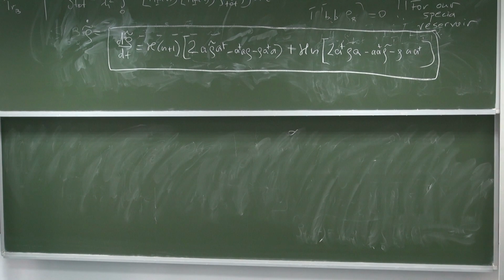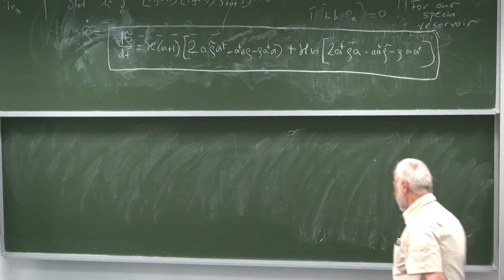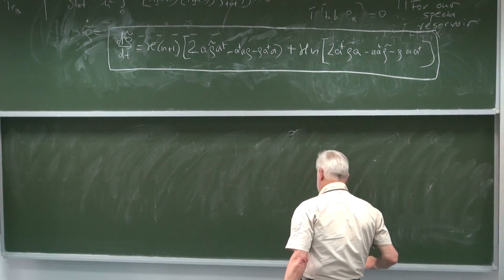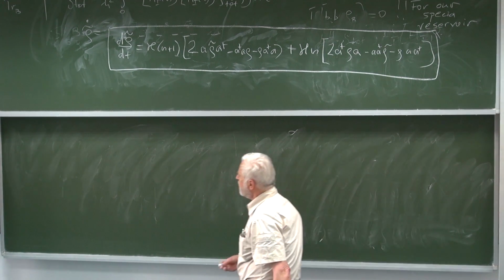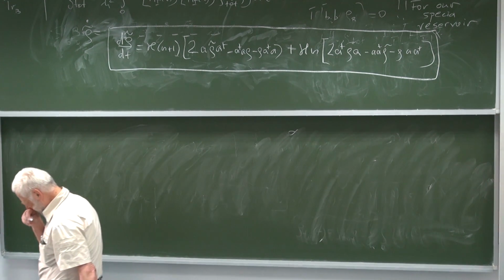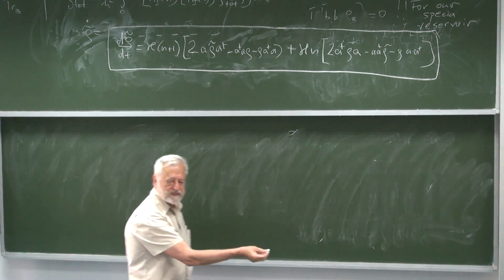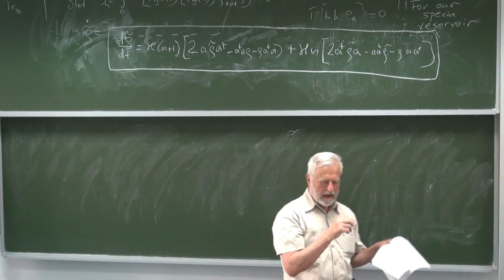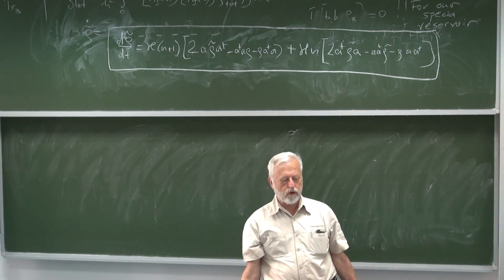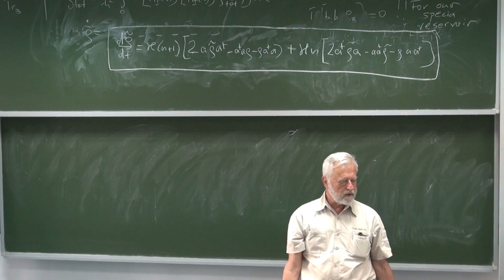let's use this equation for something. And I want to use it for 2 different things today. First, I want to think about the steady state to which this system should evolve for long times. We have our cavity. Who knows what the state initially is?